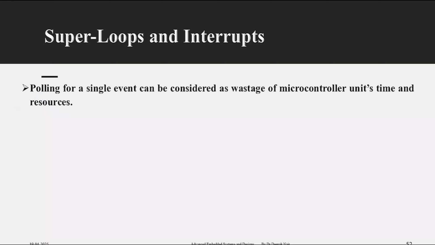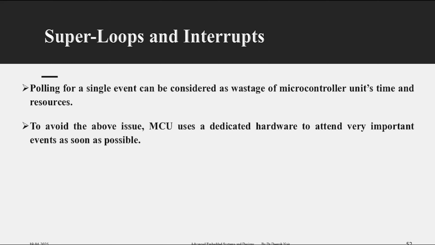Polling for a single event can be considered a wastage of the microcontroller's time and resources, so we always try to avoid polling based programming. To avoid polling, microcontrollers use dedicated hardware to attend very important events, and that hardware is called the nested vector interrupt controller, or we can say interrupt controller.